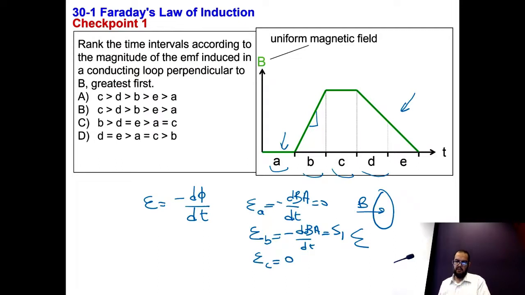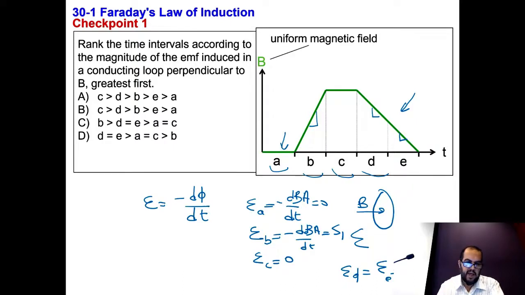For D and E, the slope is the same. So the EMF for D equals that for E, minus the derivative of B times A with respect to time, but notice the slope is smaller.